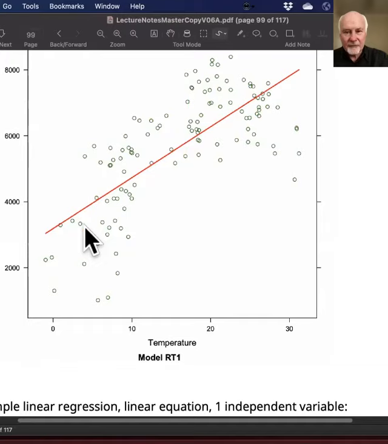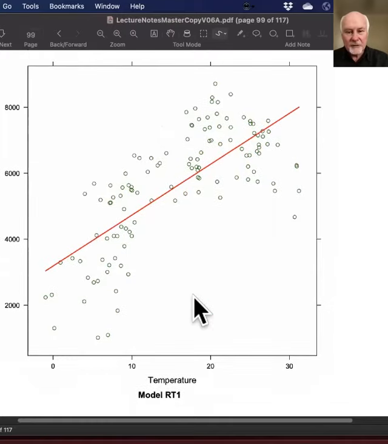Okay. What the R squared actually tells you is how much of the variation in this direction is explained by the independent variable. So the way I tend to think of it is, how much information does the independent variable give me that would allow me to predict the dependent variable?